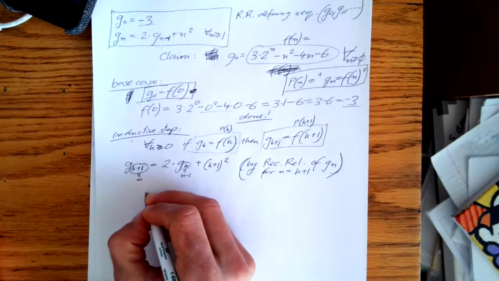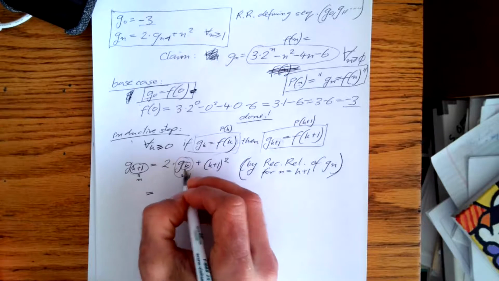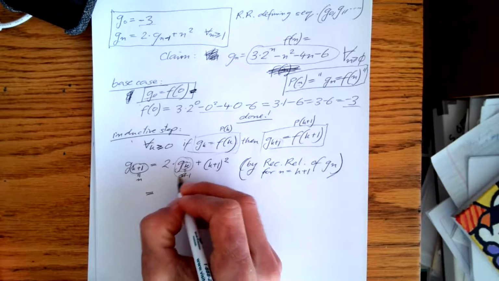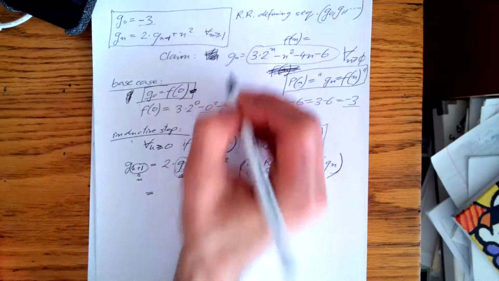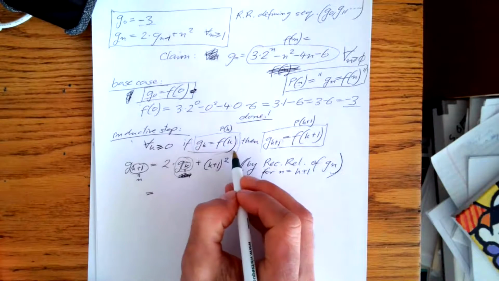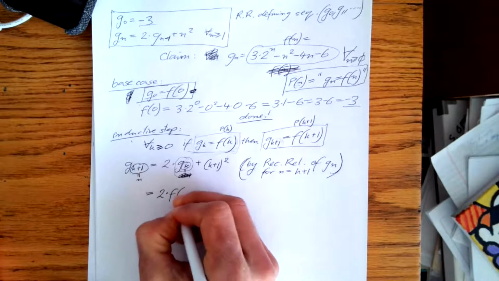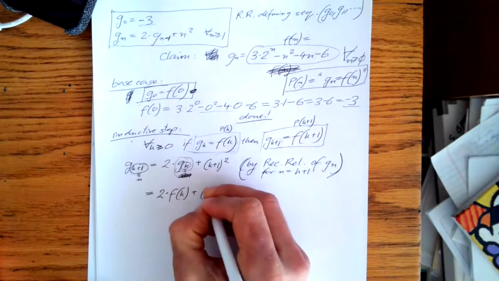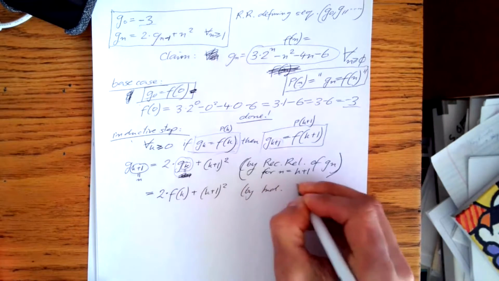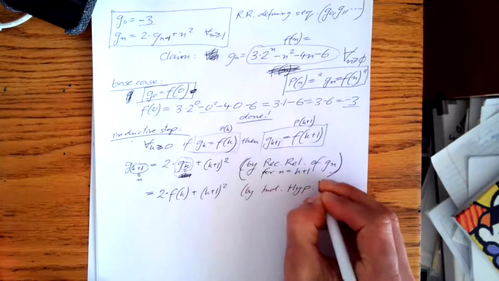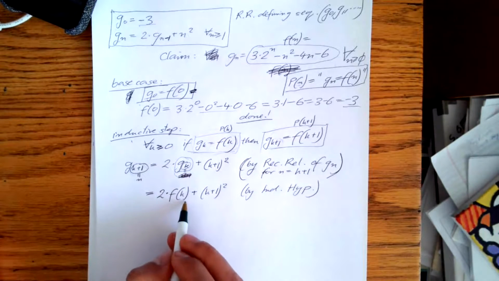Okay, and now, of course, what I will do is that I will use the inductive hypothesis, right? So by inductive hypothesis, this is equal to 2 times f of k plus k plus 1. And this is by inductive hypothesis. I can replace gk by f of k.